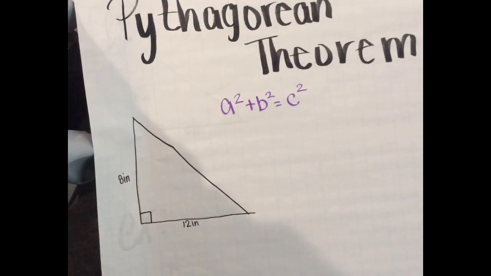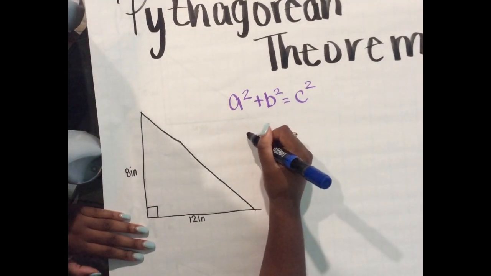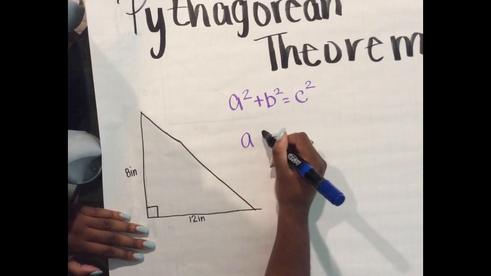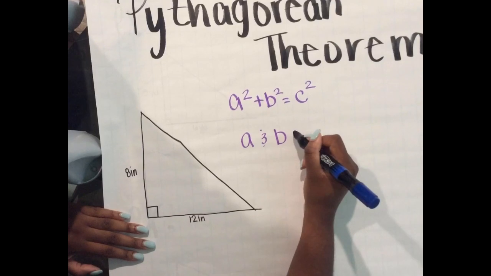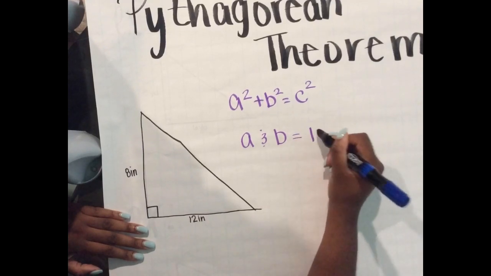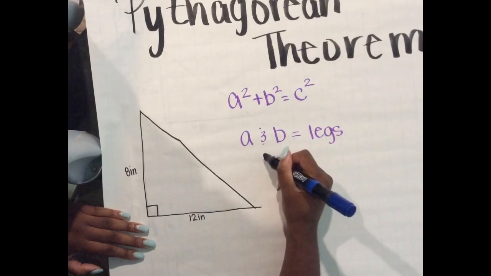Okay, now a, b, and c are all sides of your triangle. A and B, these are your legs of your triangle.